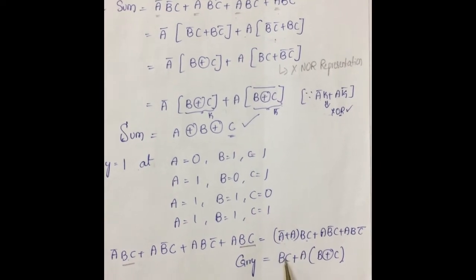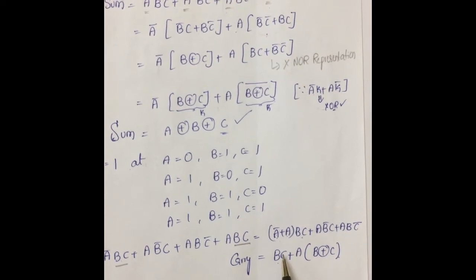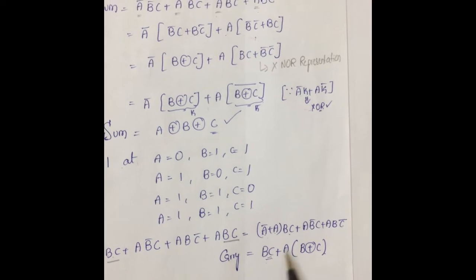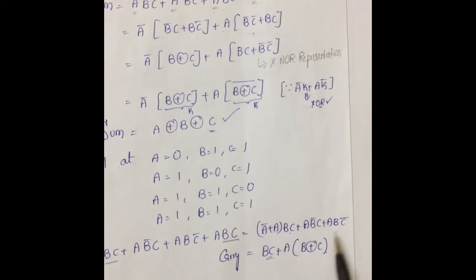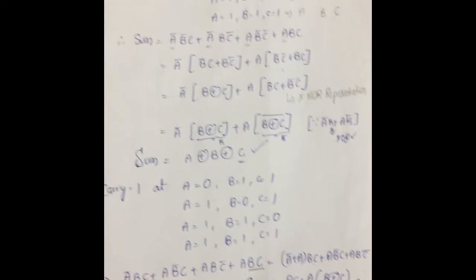That's why BC into 1 is always BC, since anything multiplied by 1 is that number itself. So BC is remaining. Next, I take A common over here: B bar C plus B C bar. So A into B XOR C. This is the expression for carry.